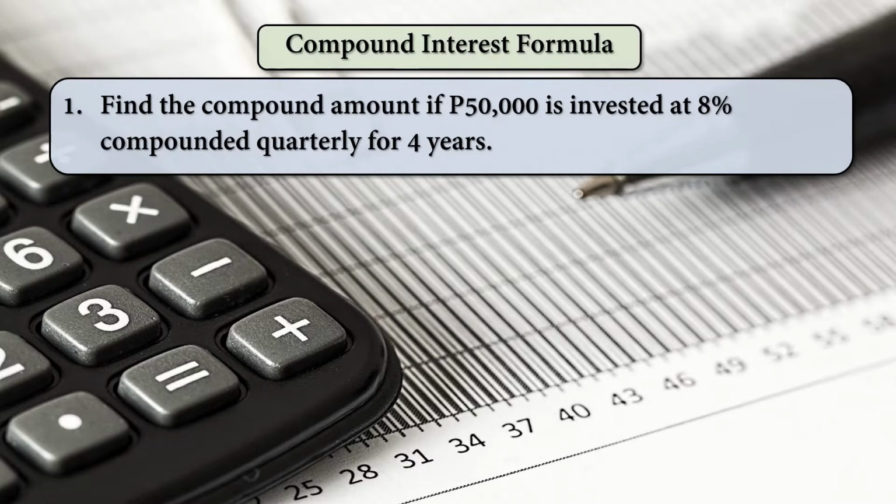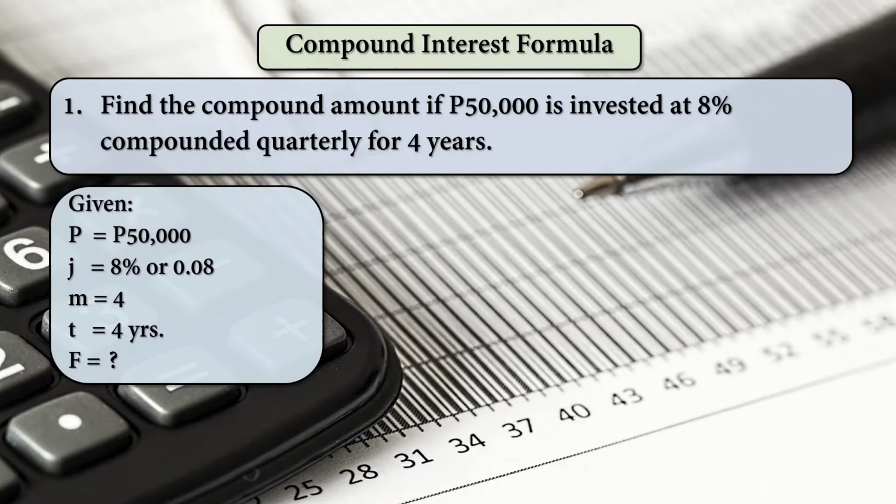So for example, find the compound amount of 50,000 pesos if 50,000 pesos is invested at 8% compounded quarterly for 4 years. So as given, P is 50,000. Since ang sabi sa problem is find the compound amount, so F yung unknown natin given ang P, which is invested at 8%. Ito yung j natin.